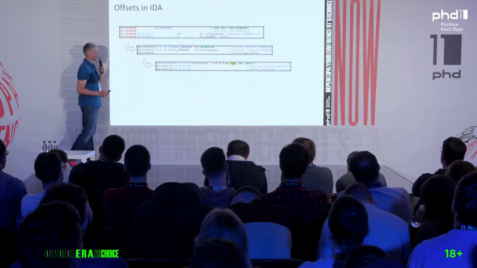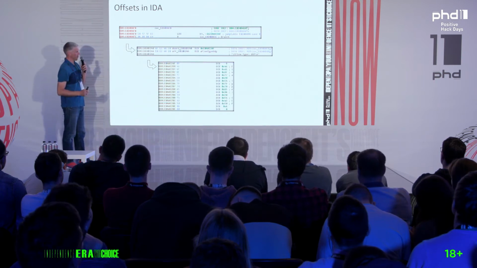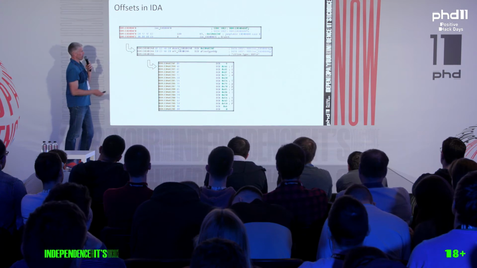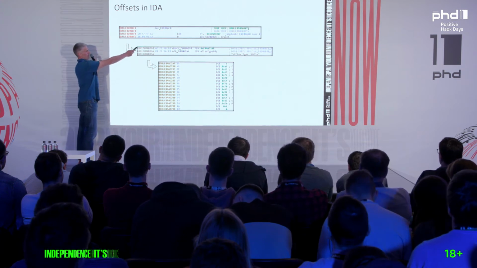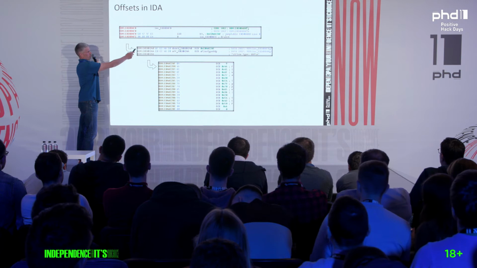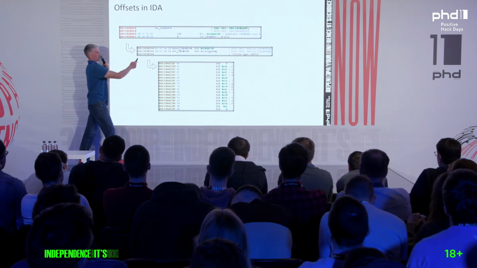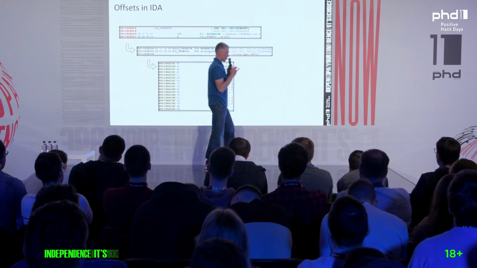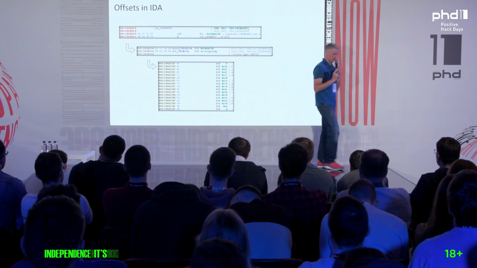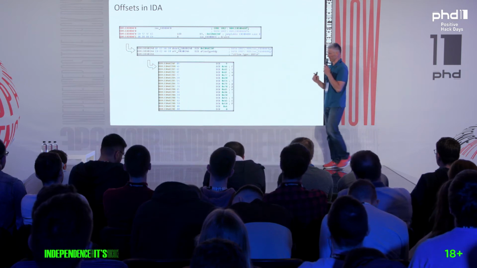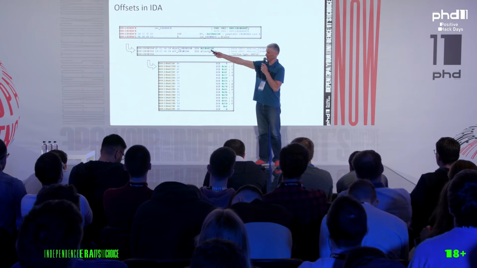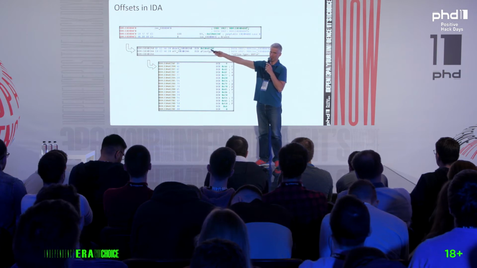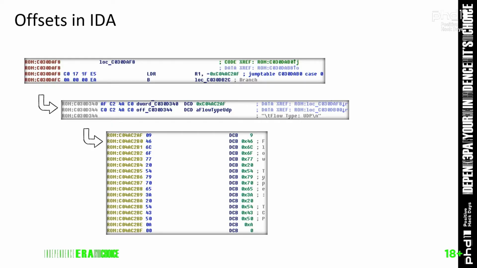Now consider the second location. So this is the link code bringing us to the first string, and let's look at where it's pointing. Although it's an offset, IDA has failed to label it as such.